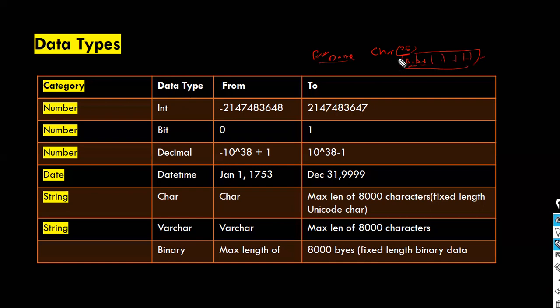Whereas varchar is a variable character, as the name suggests. It stores variable length strings. For example, in the case of Babu, though you have defined the data type as varchar 25, unlike char, in this case, if the name Babu comes, though the width is 25, it will consume only 4 characters.